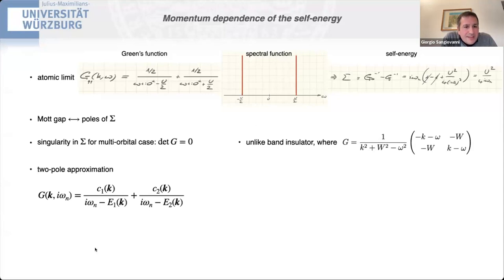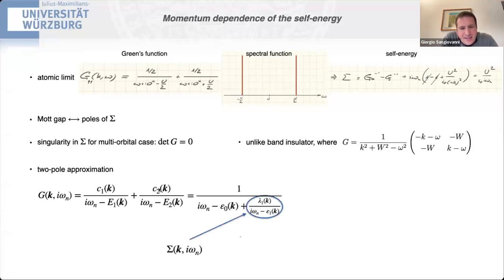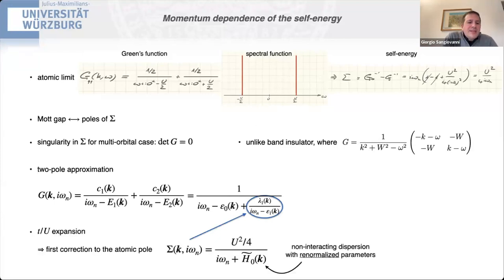And so we can write the Green's function as a sum of two poles, obviously now momentum dependent. And if we recast this in terms of the self-energy, essentially we end up with a self-energy that we can expand in t over U. And the claim that I'm going to make is that an expansion in t over U yields for this self-energy a form that looks like this, in which you have at the denominator a momentum-dependent dispersion, which is exactly the non-interacting one, but with renormalized parameters.